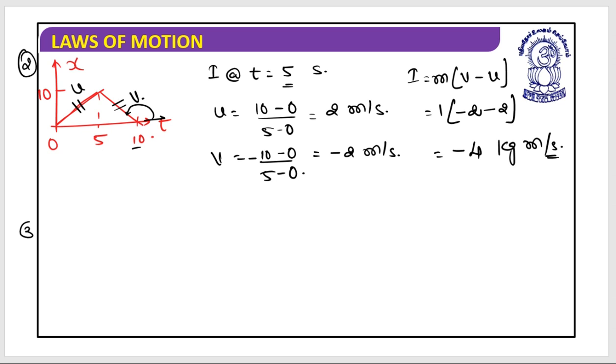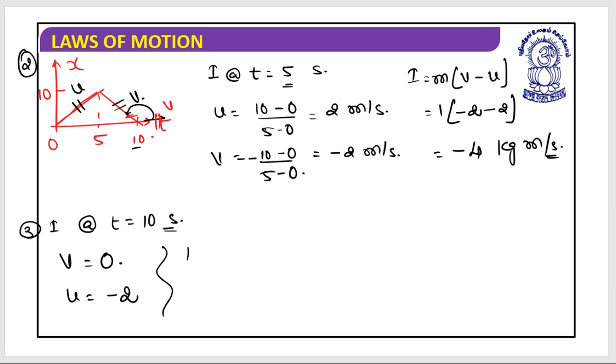And the third case is at t equals 10 seconds. In this situation, my final velocity would be 0. I need to consider a final velocity over here, and this would be considered as the initial velocity that I have already calculated. This u equals minus 2.